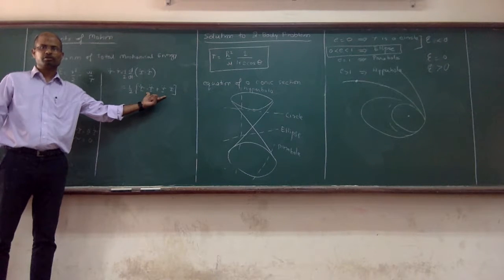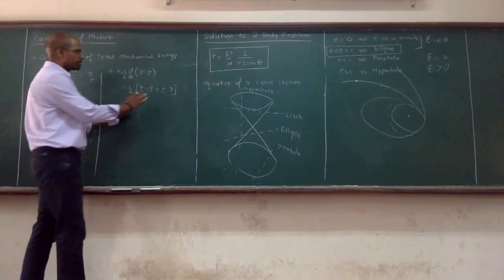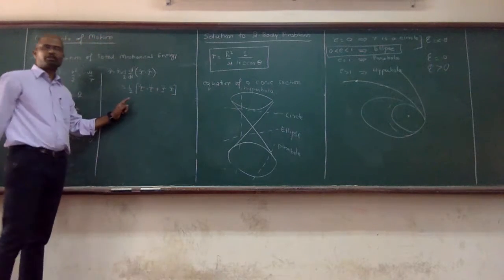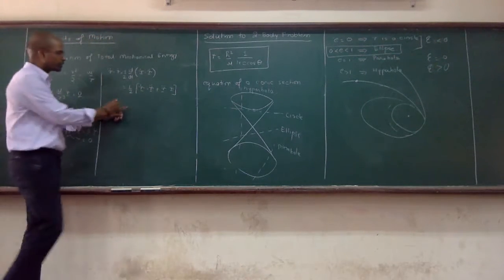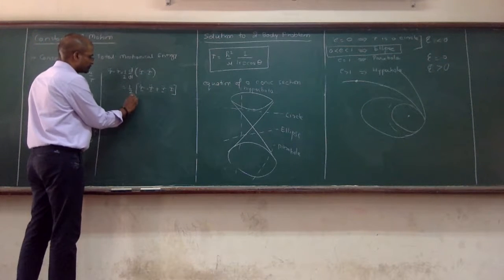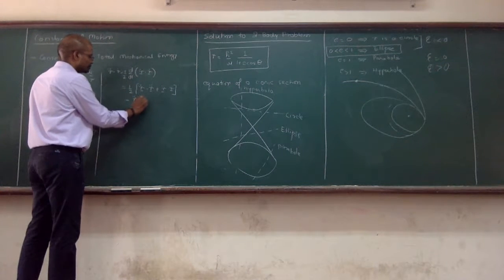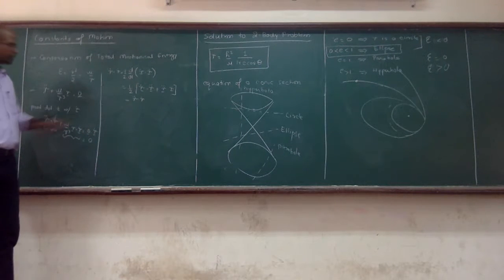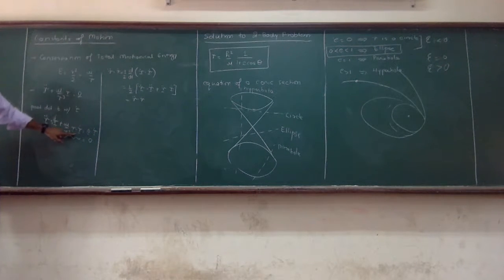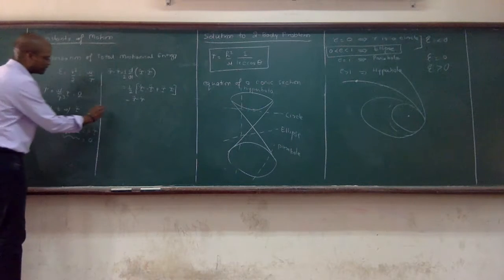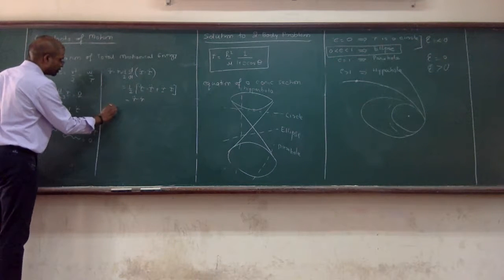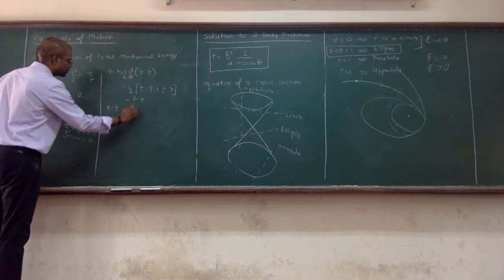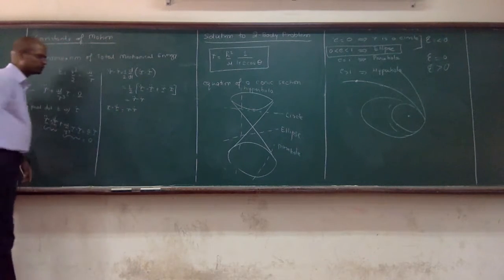A dot B is B dot A. So I can simply write this as twice r double dot dotted with r dot. It doesn't change anything, right? Got it? Now you can prove that r dotted with r dot is simply equal to r times r dot.